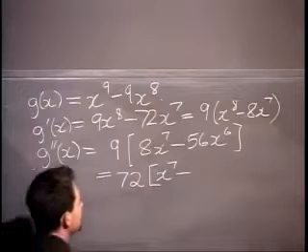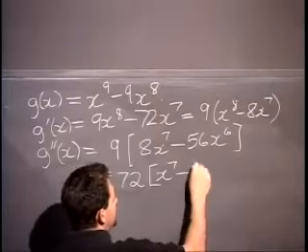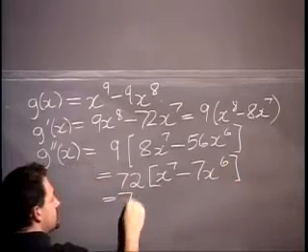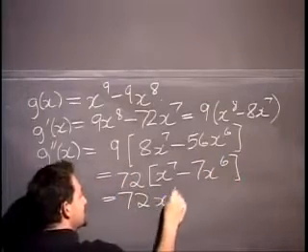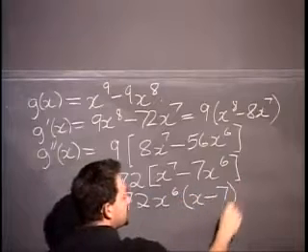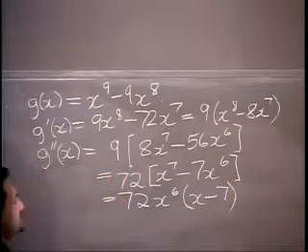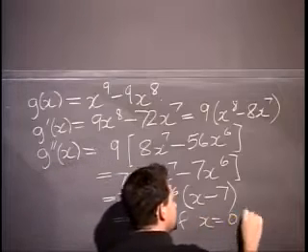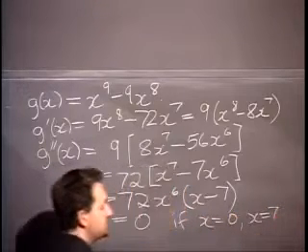I guess it is. I get x to the 7th minus 7x to the 6th. Let's just factor this down a little bit more into 72x to the 6th outside of x minus 7. So this clearly equals 0 if x equals 0 or x equals 7. Those are the 2 points.